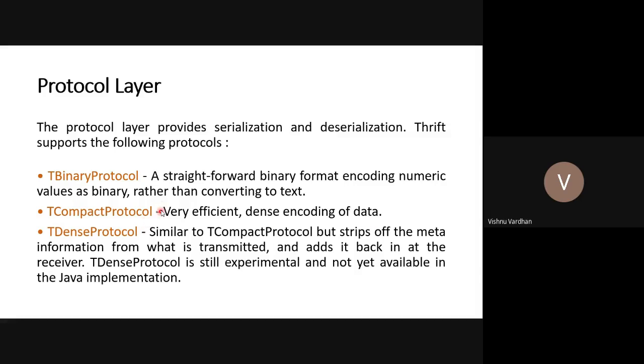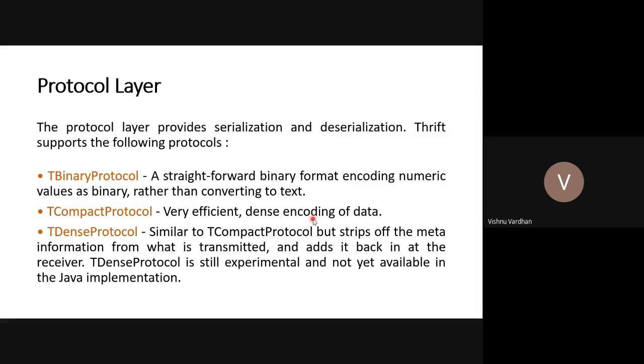Compact protocol means, after this binary, the corresponding encoding pattern can retrieve the data from the binary, whether it is an image, UTF-8 encoded, UTF-16 encoded, or something else. That has to be comprehended by the encoding patterns. Some different encoding patterns are there, and with some optimization on those encoding patterns, it will be done by this TCompactProtocol.